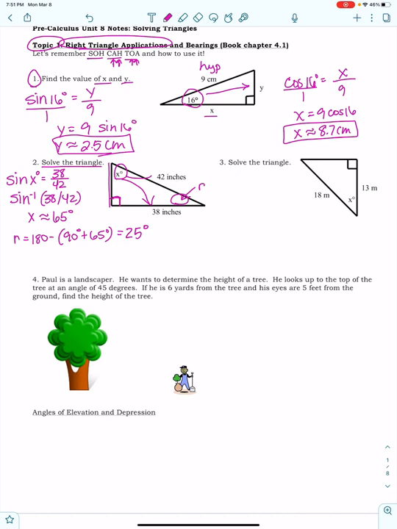And now we're going to use the Pythagorean theorem. I'm going to call this little a. So a squared plus 38 squared equals 42 squared. So a is going to equal the square root of 42 squared minus 38 squared.